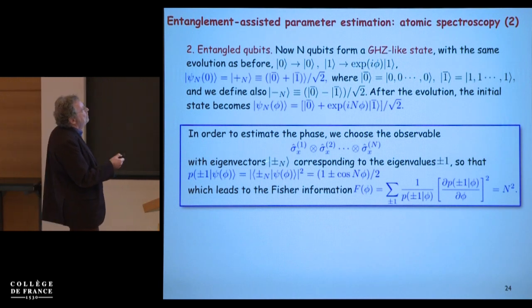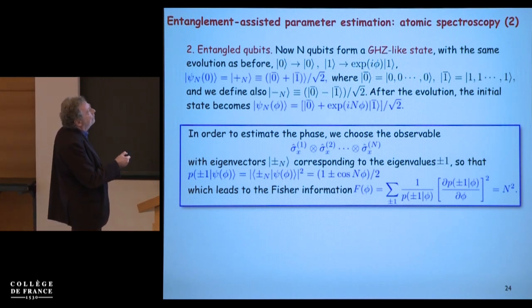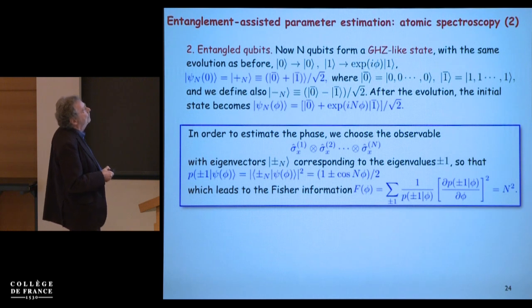Now, the eigenvectors of this operator are plus or minus n, as defined here. And the probability of getting each of these eigenvalues is given by this expression. Okay? So you have here the enhancement factor.